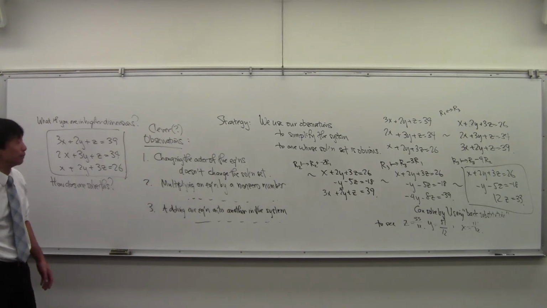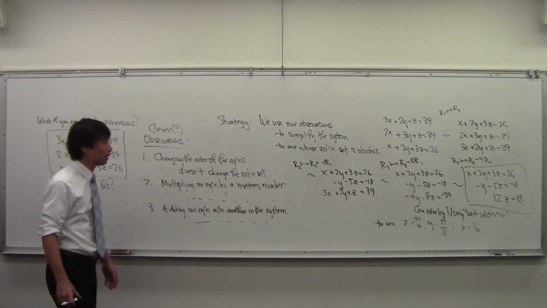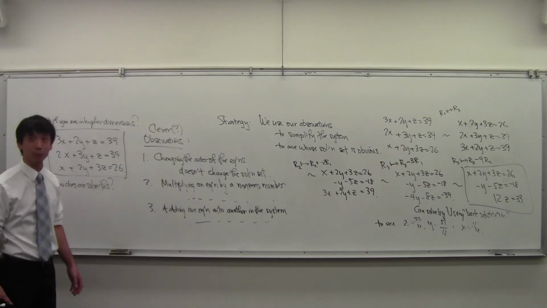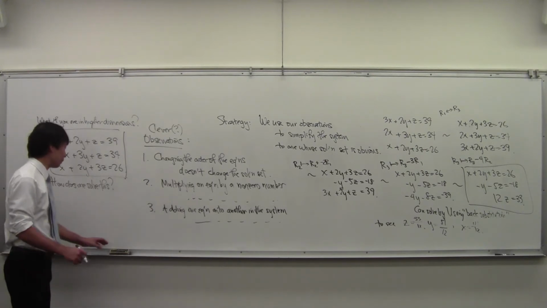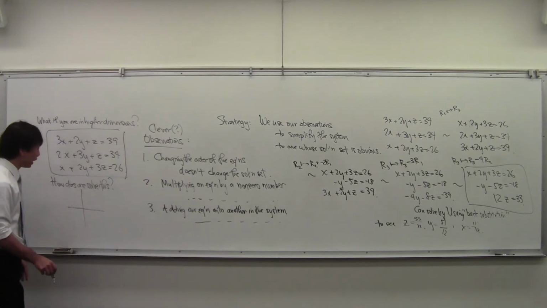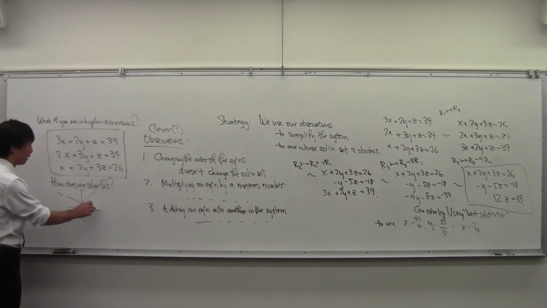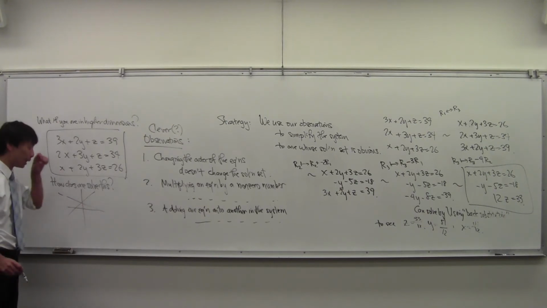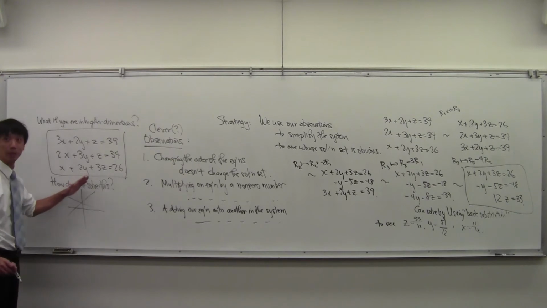Okay, so you see that there are likelihoods of things working out. If, for example, you're in two dimensions and you have 2 lines, the chances of you having a solution are pretty good, because the only way you're not going to have a solution is if they're parallel.